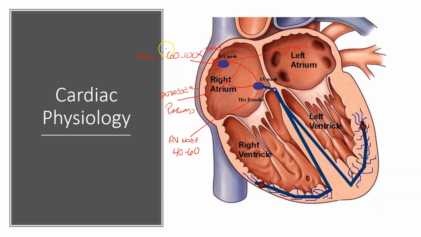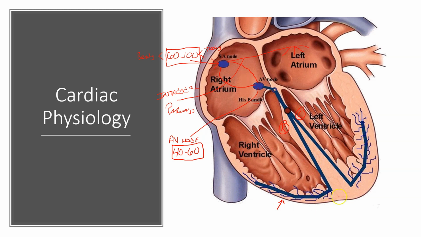Okay, so right off the bat, we see here we have a sinus that is at 60 to 100. Anything here for the AV node is going to be between 40 and 60. The impulse then goes down through the bundle of His, and after it goes down through the bundle of His, it branches off into the left bundle and into the right bundle, where it now follows down through the septum, through these bundles, and it fires off the Purkinje network, right?